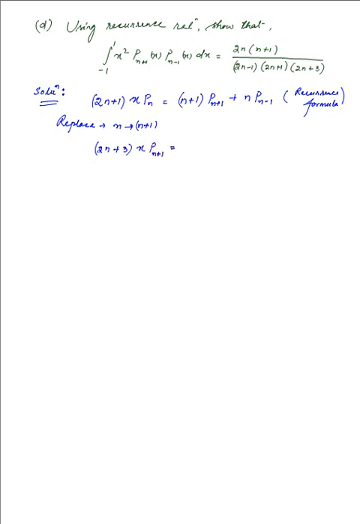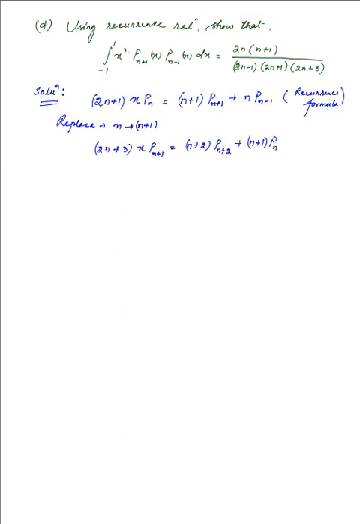On the right hand side, instead of n we are using n plus 1, so that is n plus 2, and here we have n plus 2 as well, and this second term also has n plus 1 instead of n. N plus 1 minus 1 is going to give us Pn.